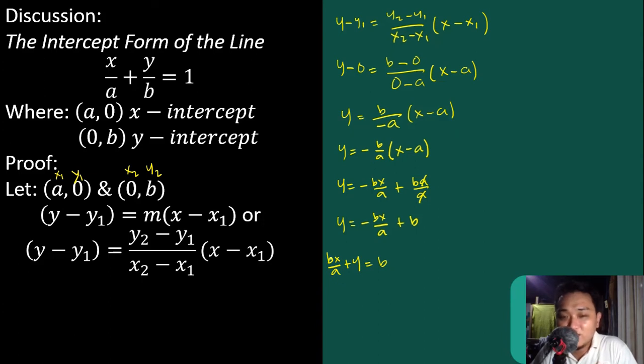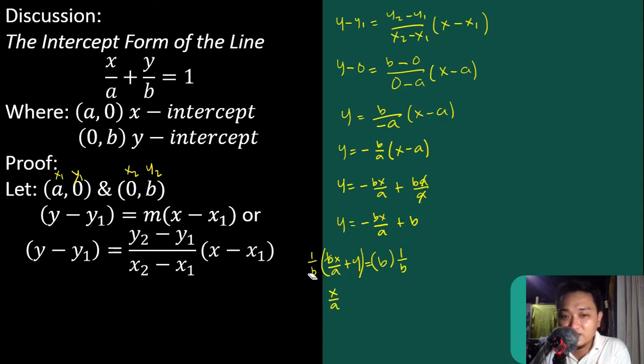Now, to remove this b, we can multiply both sides by 1 over b. Let us multiply here 1 over b. That is under the multiplication property of equality. So the b cancels here, and what remains is x over a.